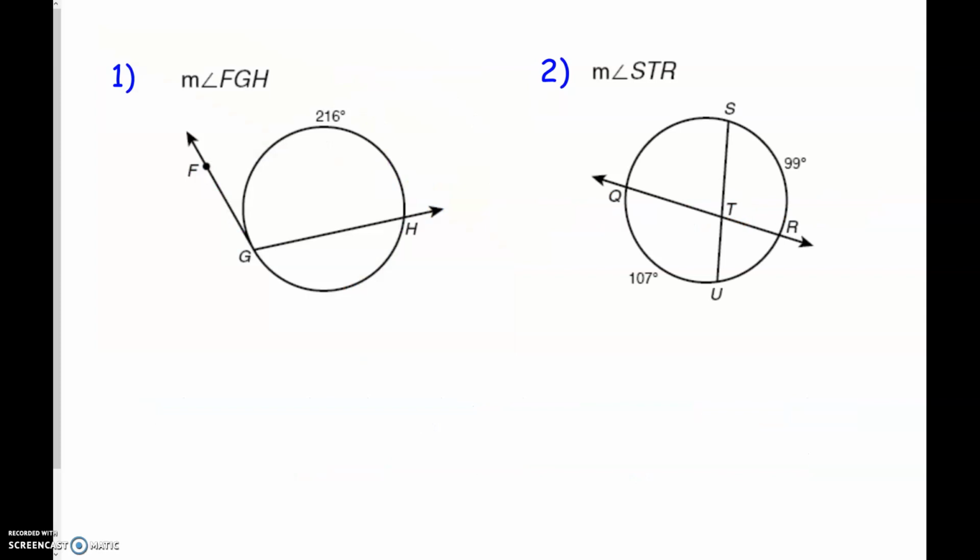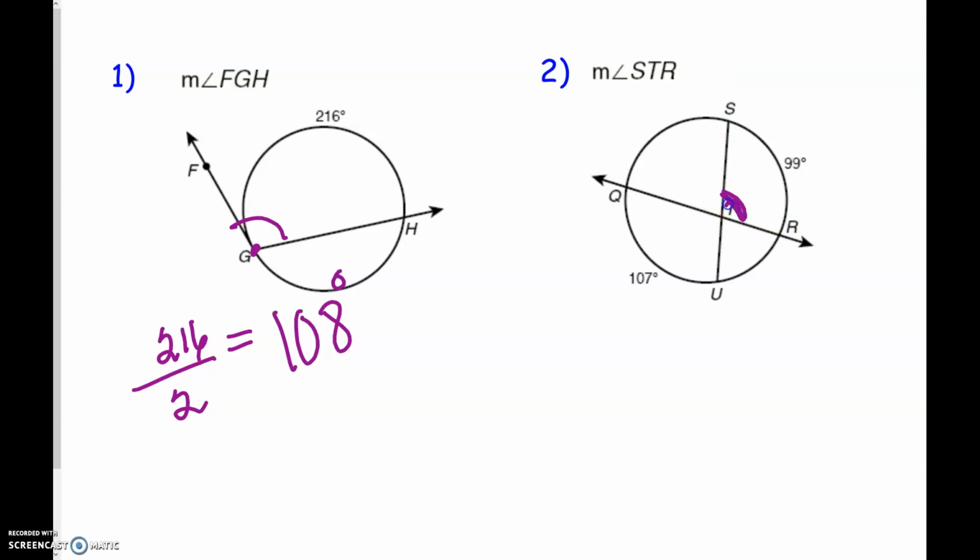All right, so I've got about 9 example problems to run through quickly for you. Here we have basically an inscribed angle like what we did yesterday. The vertex is on the circle. So we're going to take 216 and divide by 2, and we get 108 degrees for this angle measure. All right, STR.